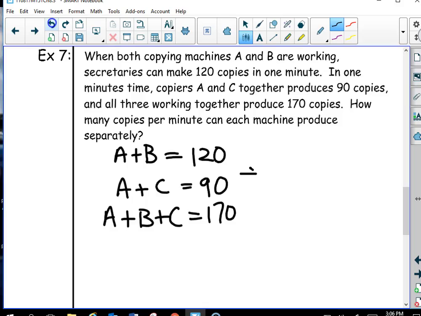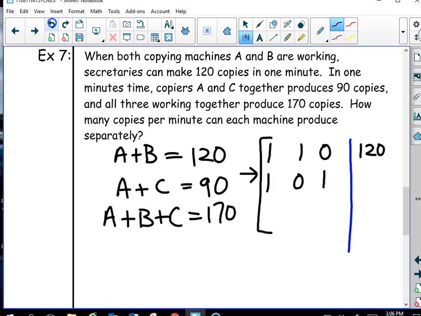Okay, so this goes into a Gaussian matrix. 1A plus 1B plus 0C equals 120. 1A, 0B, 1C equals 90. And 1, 1, 1 equals 170.